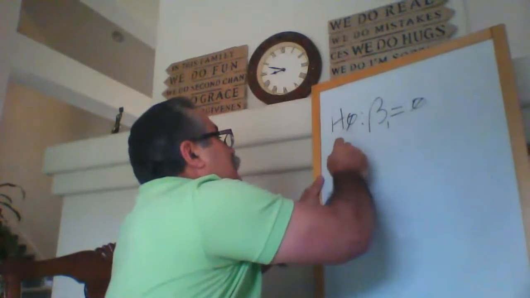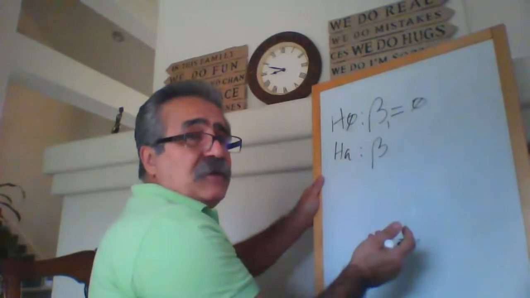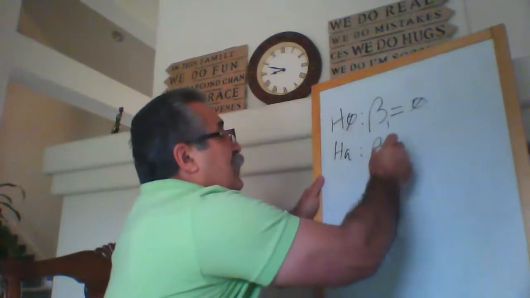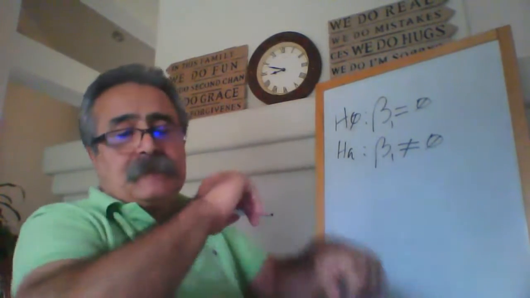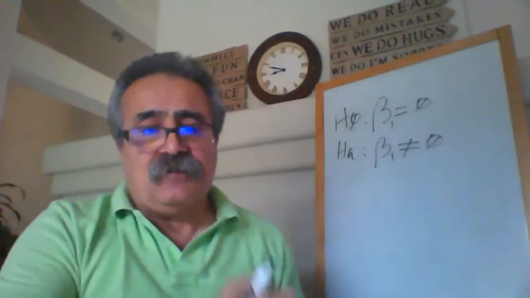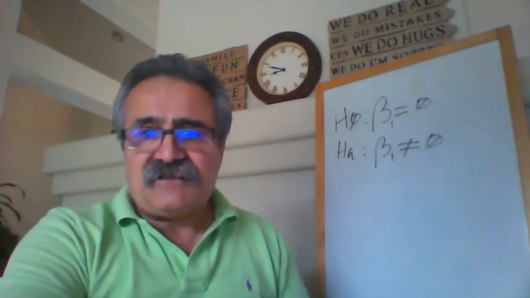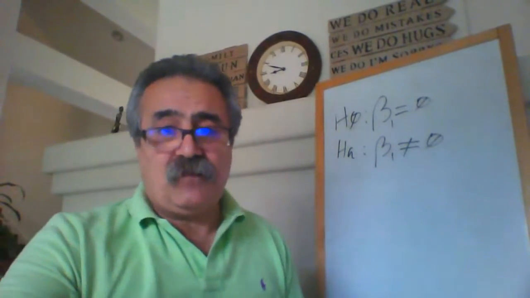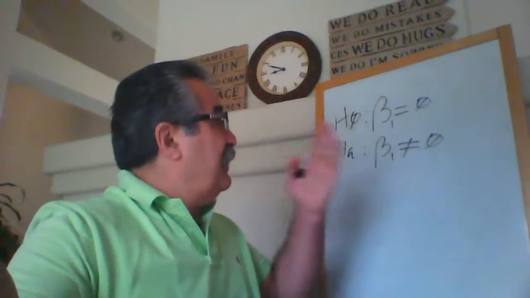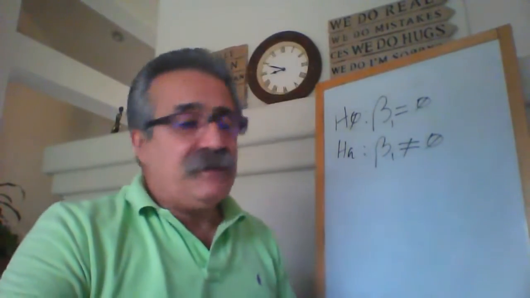If there is any relationship between the two, we have to prove that beta 1 is not equal to 0. Okay? So beta 1 is equal to 0. That's the null hypothesis. We have to assume otherwise.